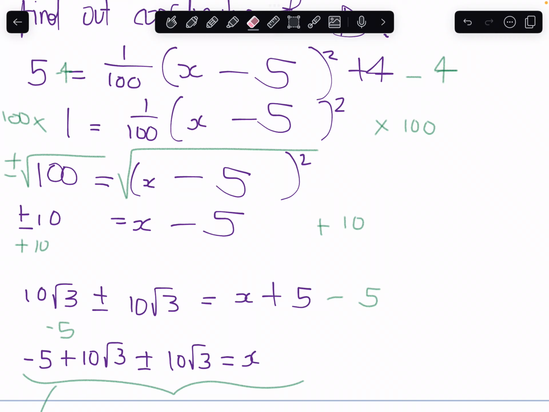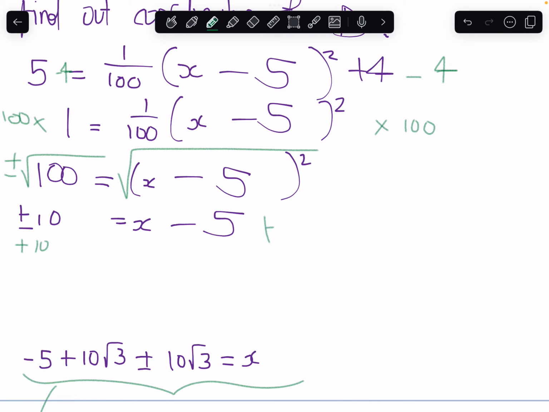What's going on? Oh, this was where I broke it up. I broke it up for no reason. So this would just become plus 5 and plus 5.